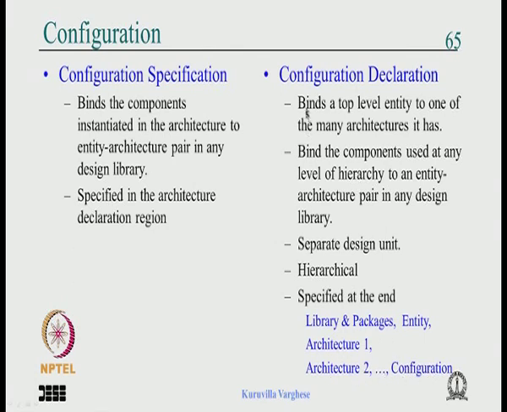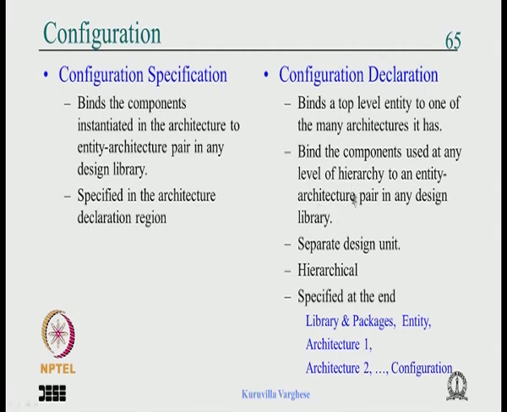So it does two things. It will bind the top level entity to one of the many architectures it has. So this configuration is going to specify which of the architectures is bound to this particular entity. Also, suppose this entity uses a lot of components, it will say from which library, which package, which architecture they should be used.